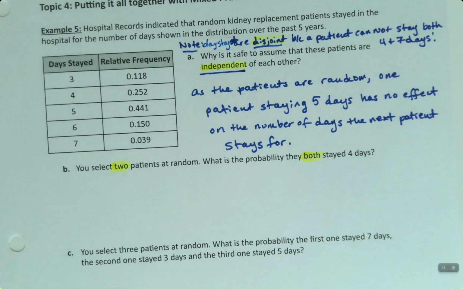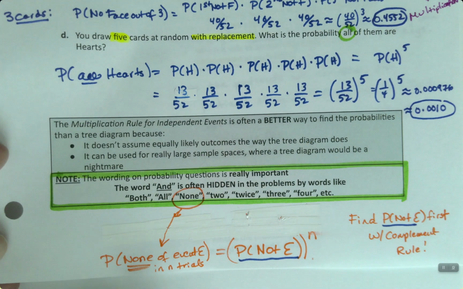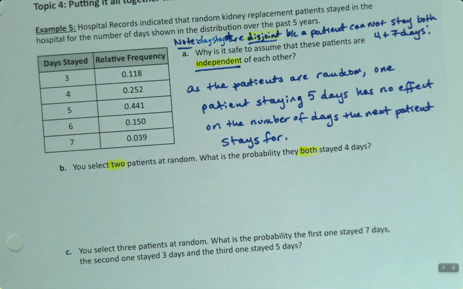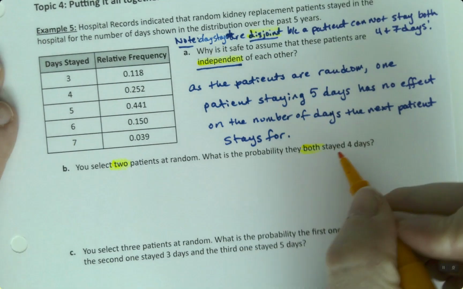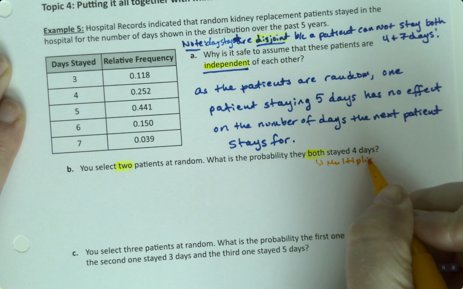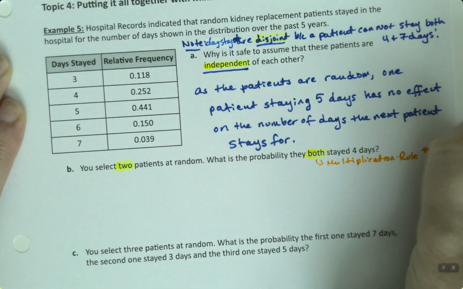Well, remember, both is a hidden and. It really means the multiplication rule, right? From a couple pages ago, I should say. So this is going to be the multiplication rule. It's rule number 4.